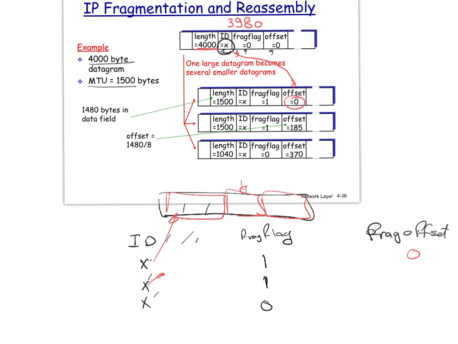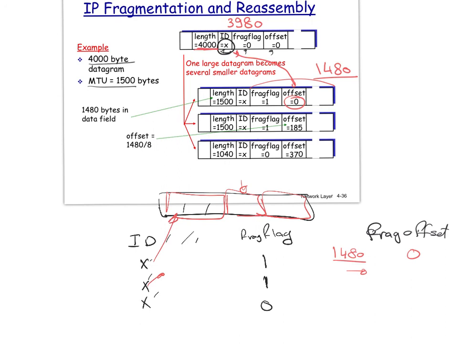Here the fragment offset of the next one is based on the length of the first fragment. What is the length of data of the first fragment? 1,480. So the fragment offset of the next fragment should be 1,480.